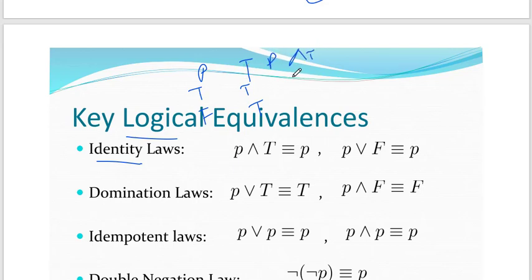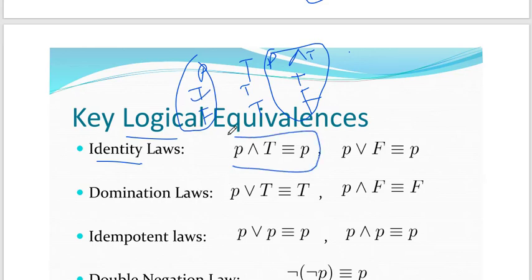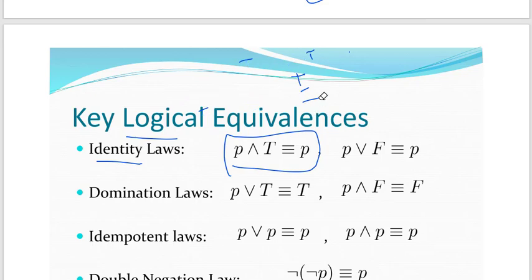If both are true, then it will become true. If one of them is false, then it will become false. Okay, you can see that this column, true false, and this column have the same truth table, so you can say that this is a logical equivalence.